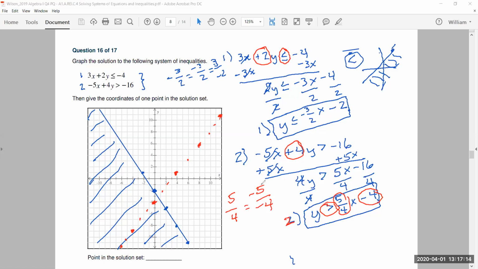Okay, but since it's greater than, like before, if less than we shade below the line, then you know that greater than we're going to shade above the line. So we can shade this direction. Just shade all of this down to this dotted line.